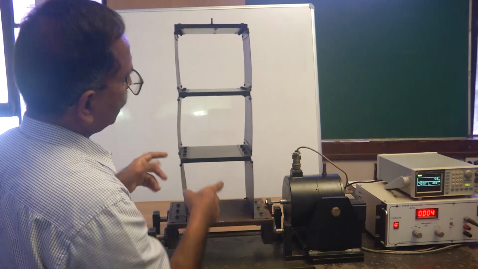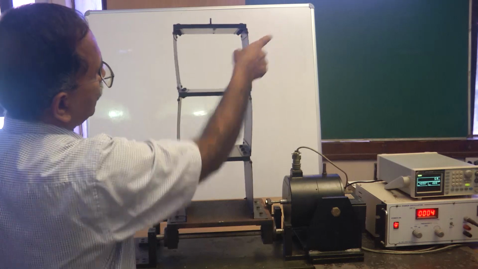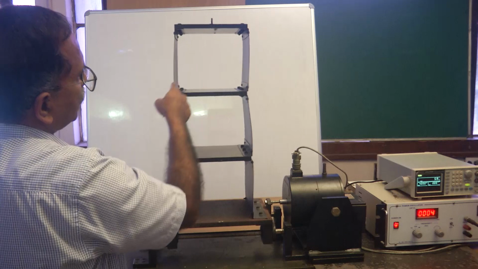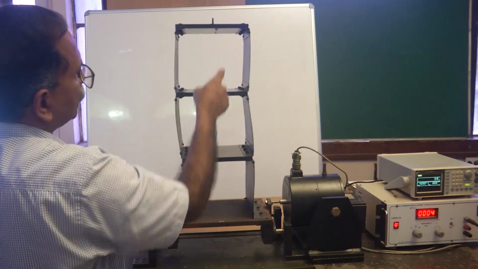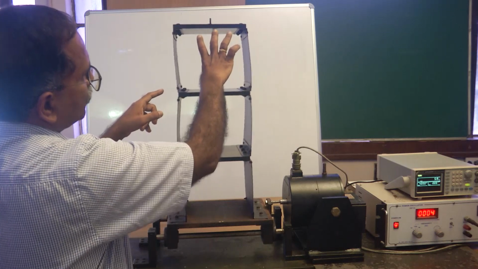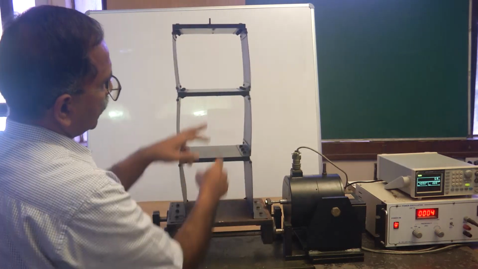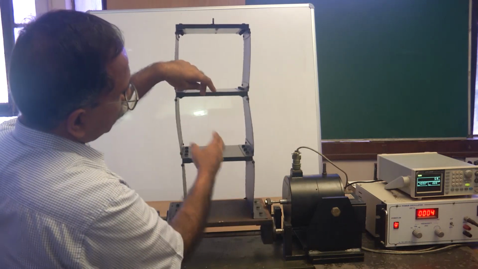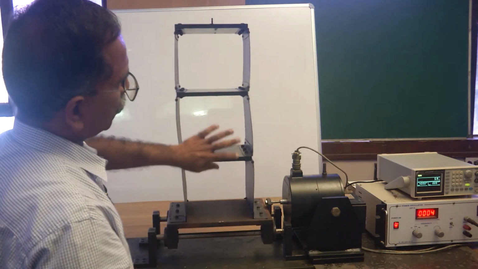Now what does that mean? If this goes on this side, this goes on this side, and this goes on this side, if you join the points of displacements of each of these masses, there will be a node point in between these two plates, because both of them are in opposite phase, and since this and this are also in opposite phase, there will be another node point in between the motion of these two plates.